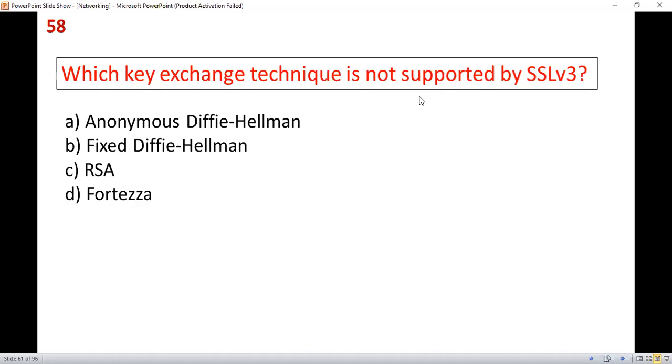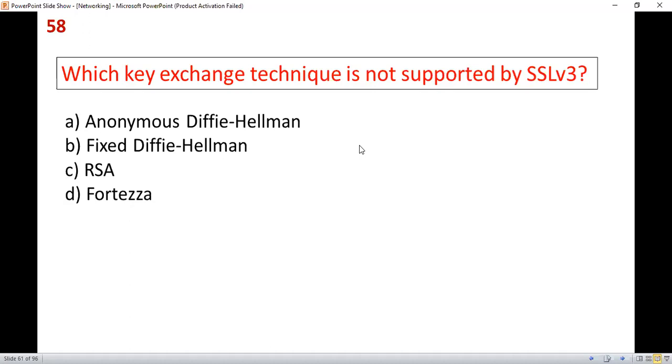Anyone know what will be the answer? Okay. The answer for this question will be Fortezza. Fortezza is not supported by SSL v3.